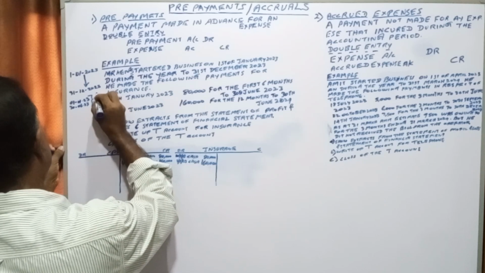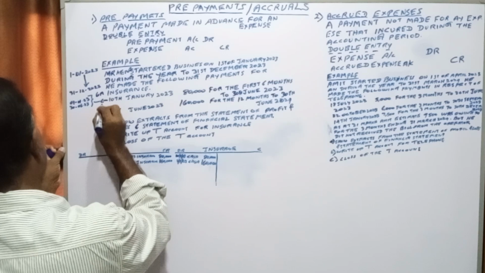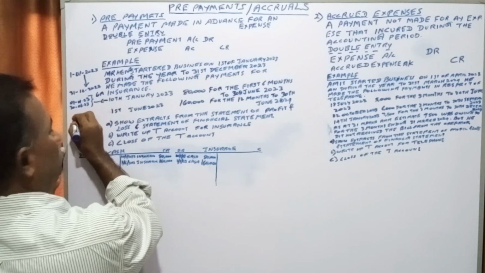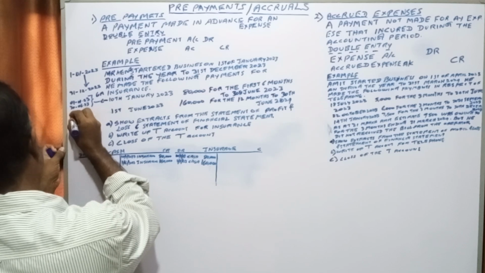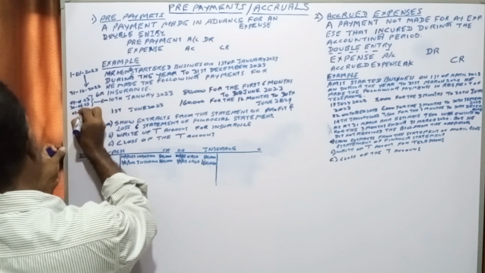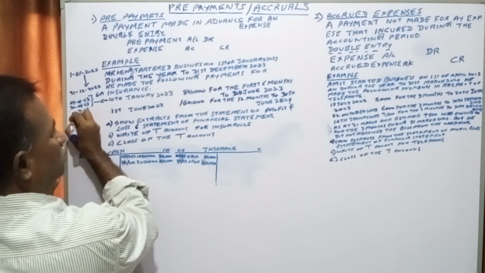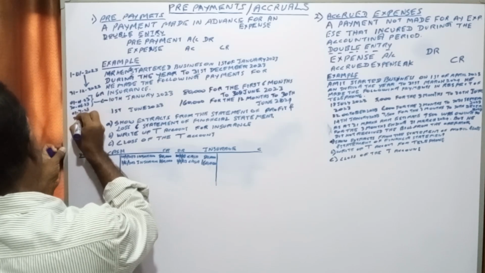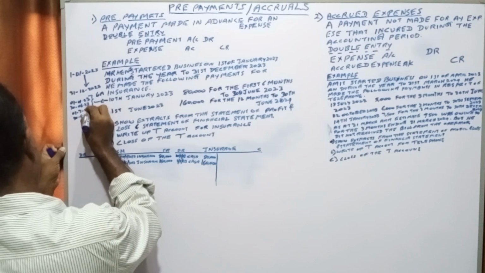This earlier one is for 6 months. This one is for 12 months, from 1st July 23 to 30th June 24.